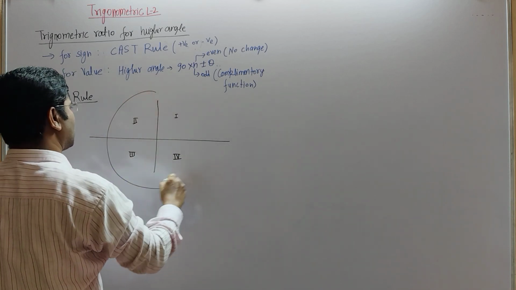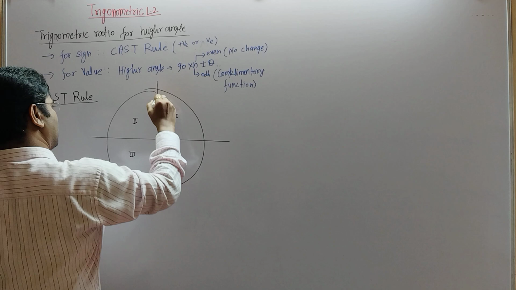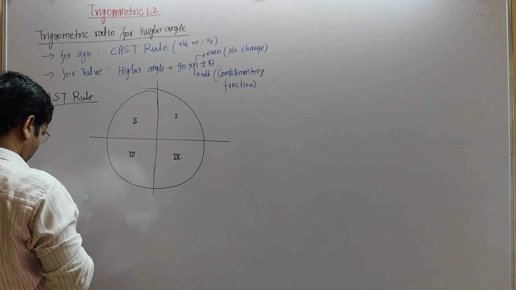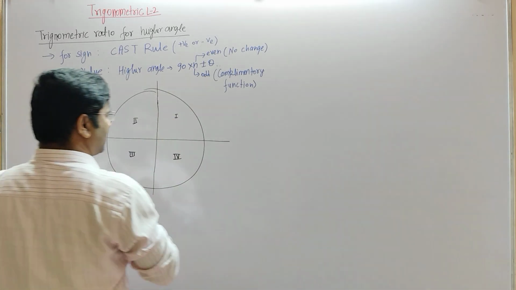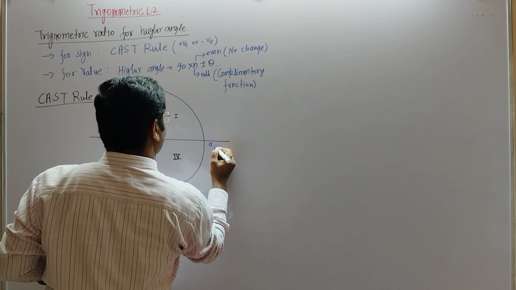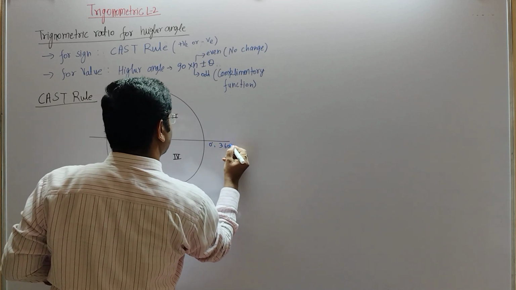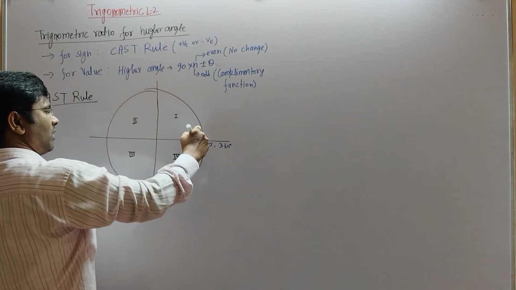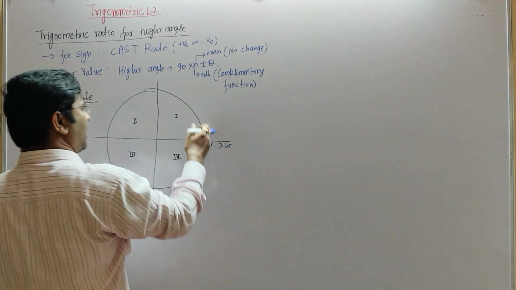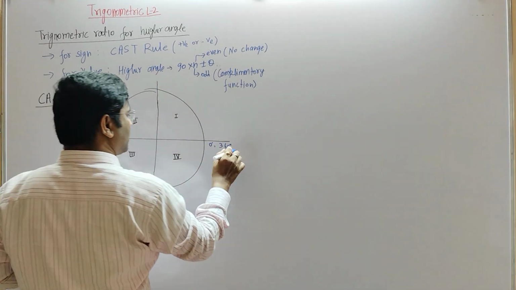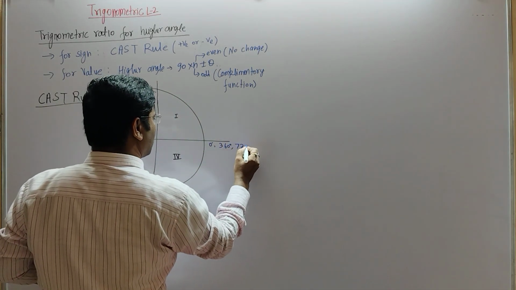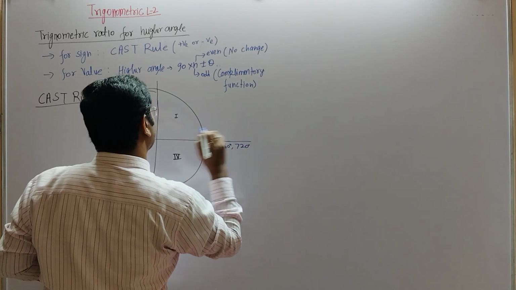I am drawing the coordinate system here: first, second, third, fourth. Angle here, I'm writing this is 0, or we can also write 360 degree, because after one round it will be 0 or 360. Again after a second round, it will be 720, and so on.